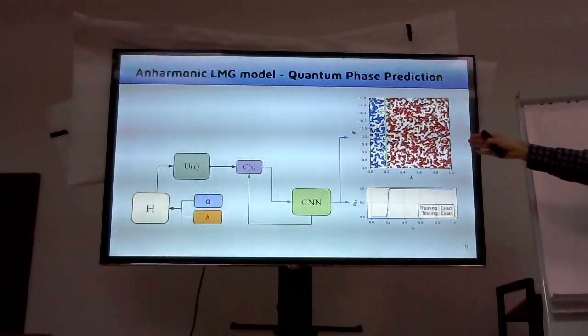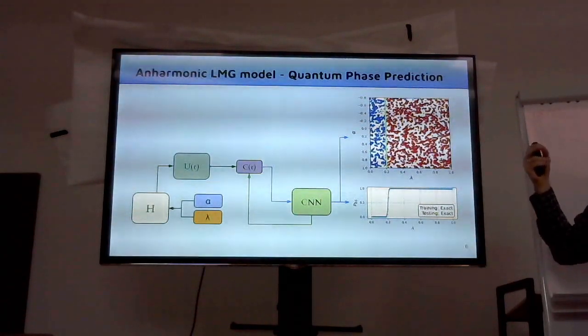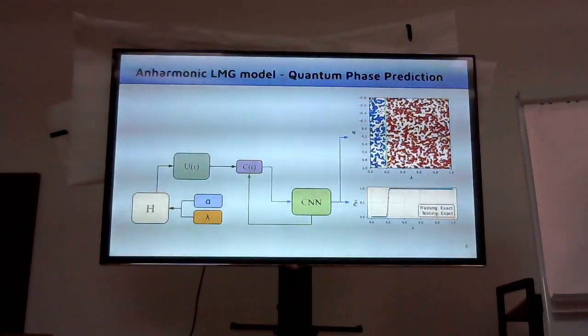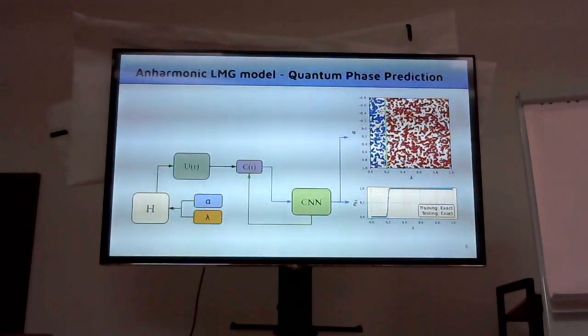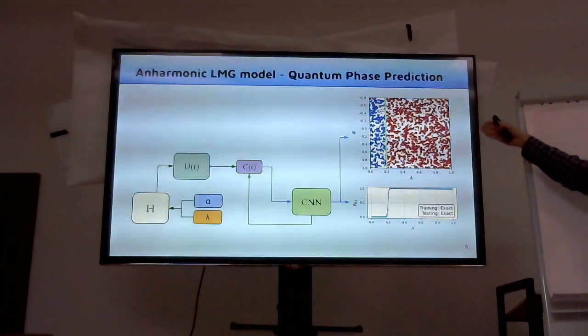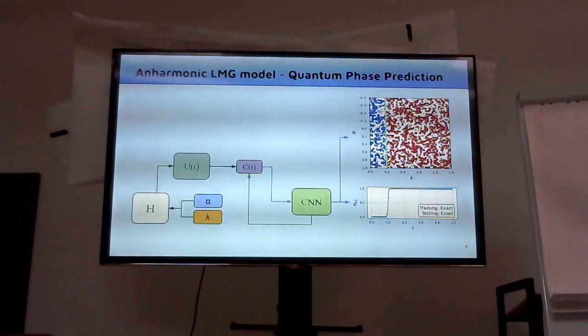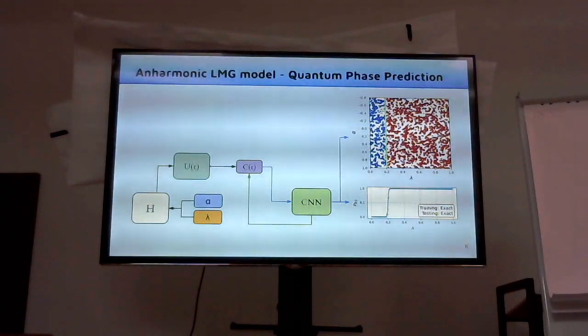It colors in blue the points that correspond to the symmetric phase, and in red the points that correspond to the broken symmetry phase. It's a bit easier to see when you collapse all of this with alpha, because alpha doesn't change the critical point.